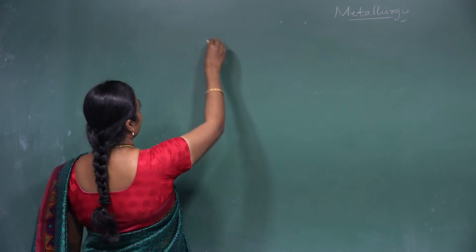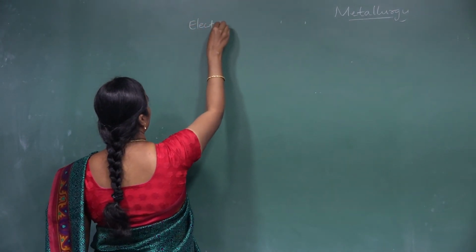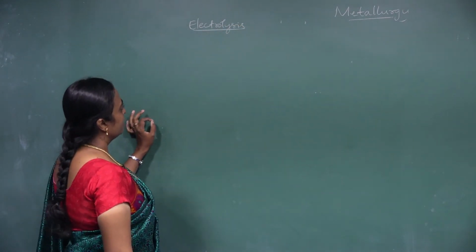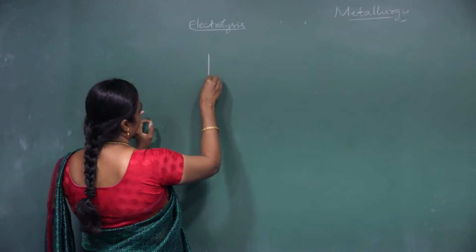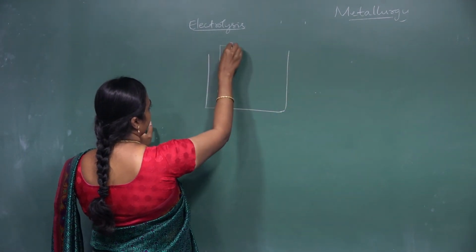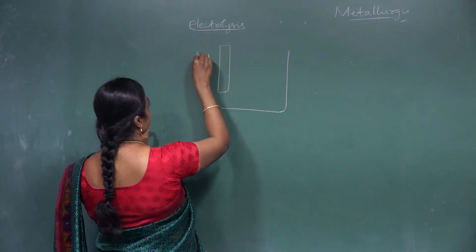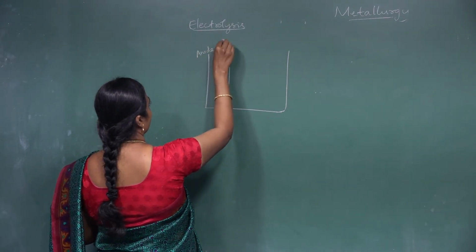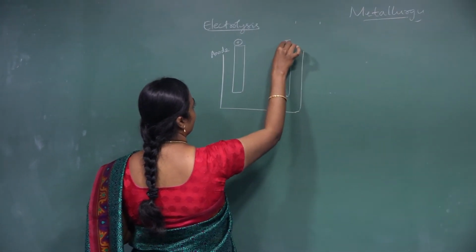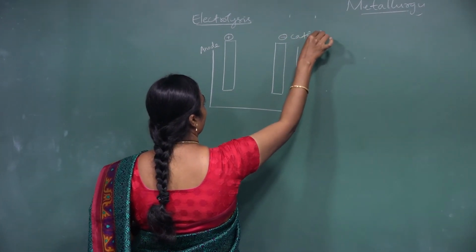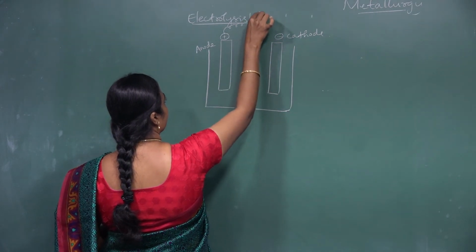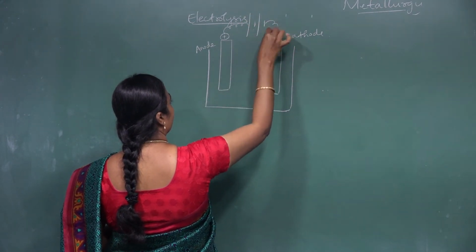To explain the electrolysis, I can draw a graphical diagram by taking a beaker. We have to connect two rods, one is the anode, positive, and another one that has to be negative, the cathode, and this should be externally connected to a battery like this.